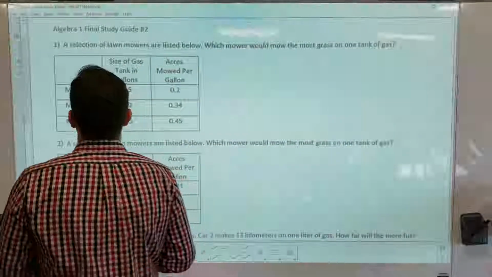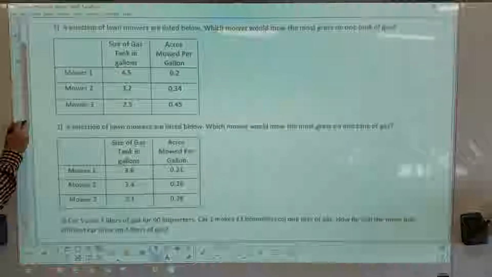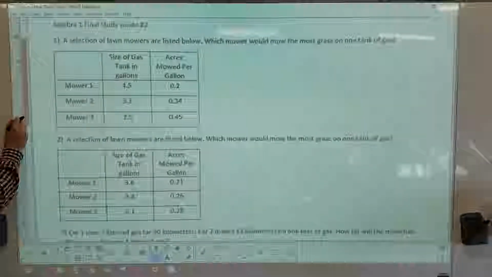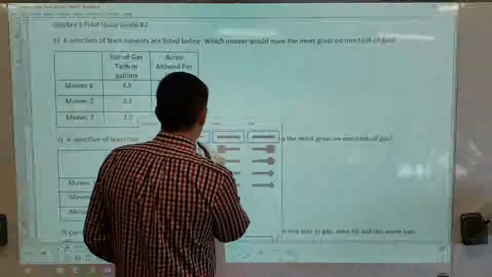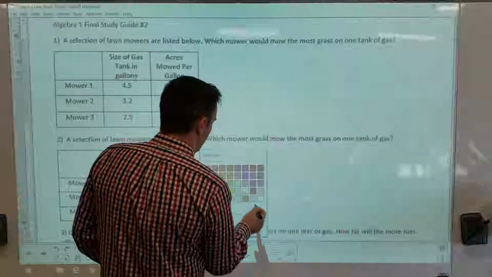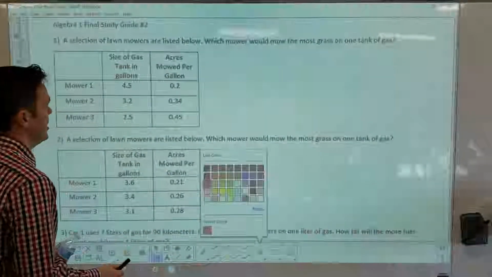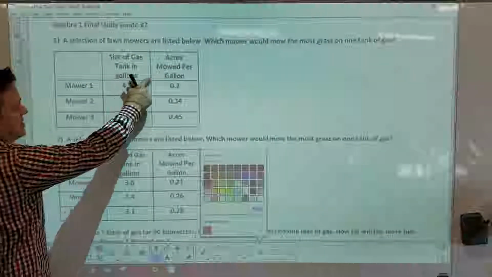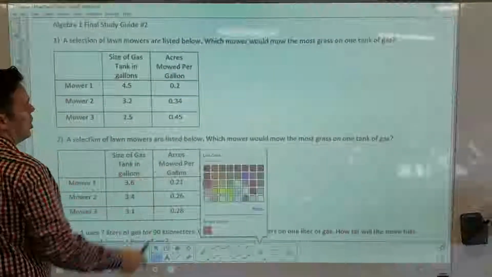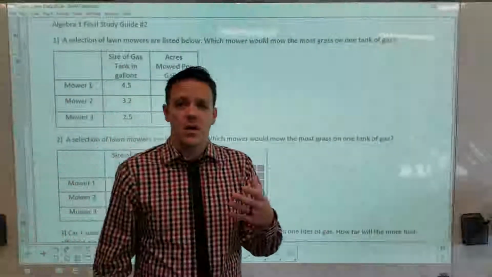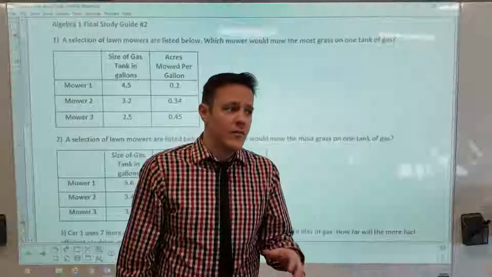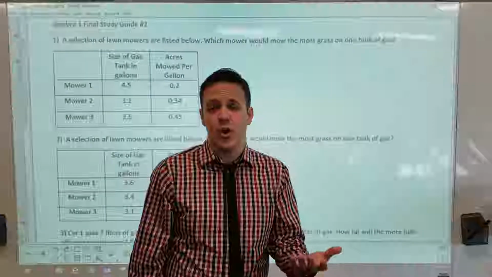The very first thing up on the board is a problem about the size of a tank in gallons versus how much was mowed per gallon. The analogy I use is a car: how much gas you put in your car versus how much mileage you get per gallon.